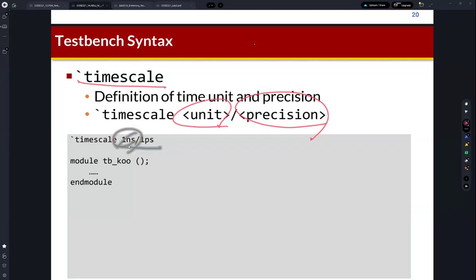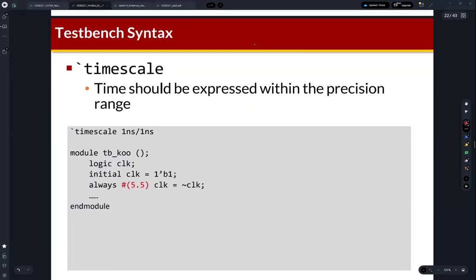This means the time unit is 1 nanosecond, so if we use a delay number, it means nanosecond scale. The second number represents the precision of the timescale. We can represent the time unit within the defined precision.